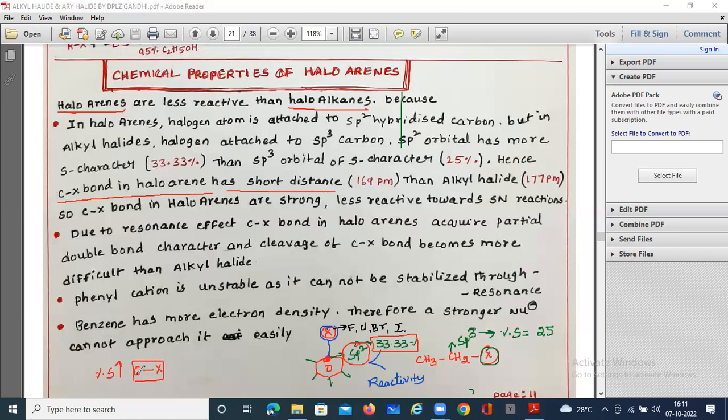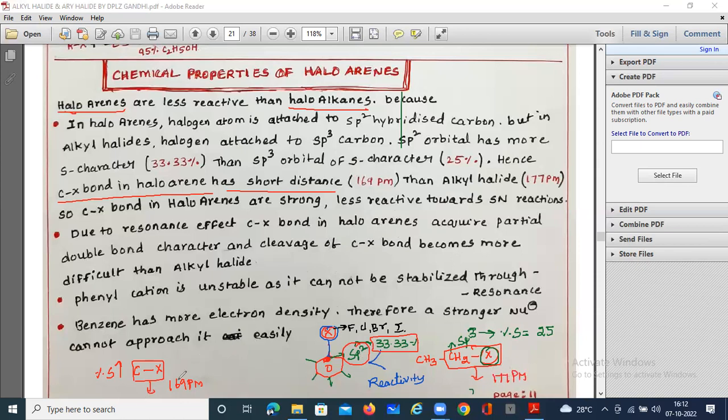So where the percentage of s character is more, the C-X bond is shorter, like in the sp2 hybridized benzene ring. How much? Just 169 picometers. While here, the C-X bond distance is 177 picometers.